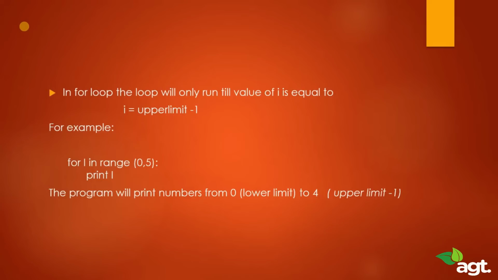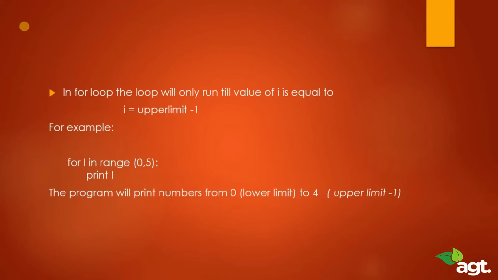We're going to get these 5 numbers printed by just entering these 2 lines of code. So the value of i is going to range from 0 to upper limit minus 1. In this case, the upper limit is 5, so the value of i will range from 0 to 4 and it will print each value of i.